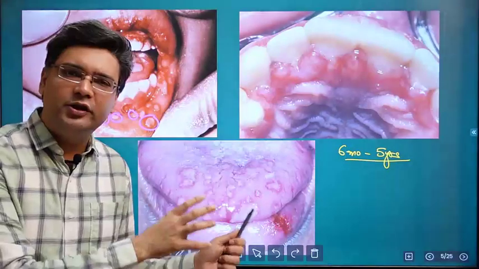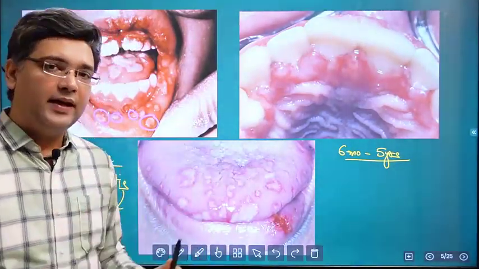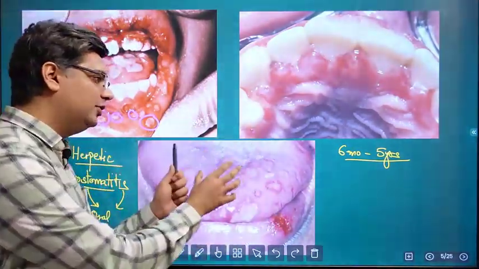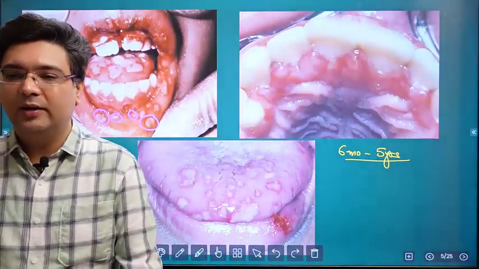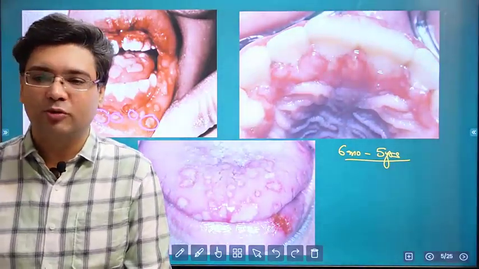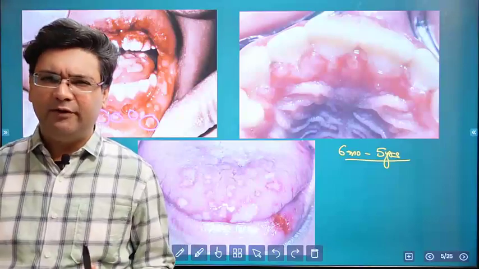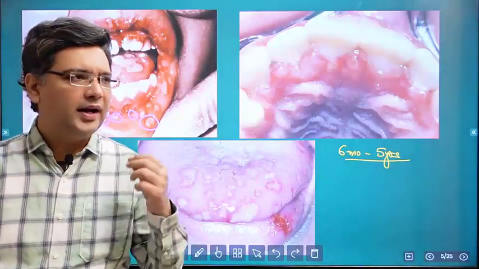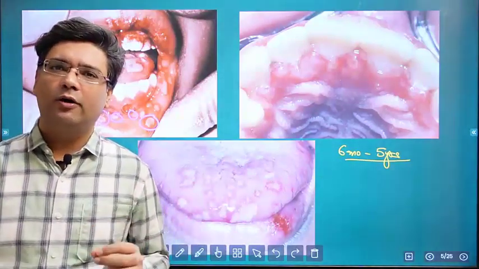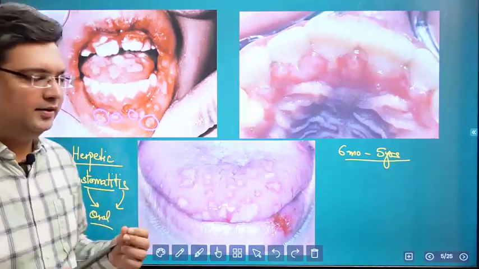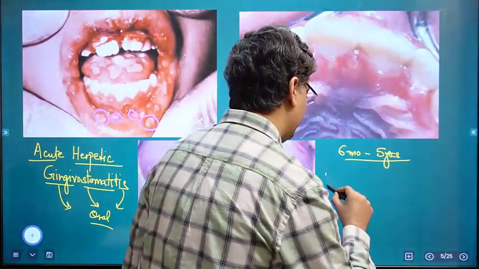If the patient is not asymptomatic, then he or she is going to suffer from this acute herpetic gingivostomatitis. The peak prevalence of occurrence, when you are actually meeting other people or being exposed to the virus, is 2 to 3 years of age.